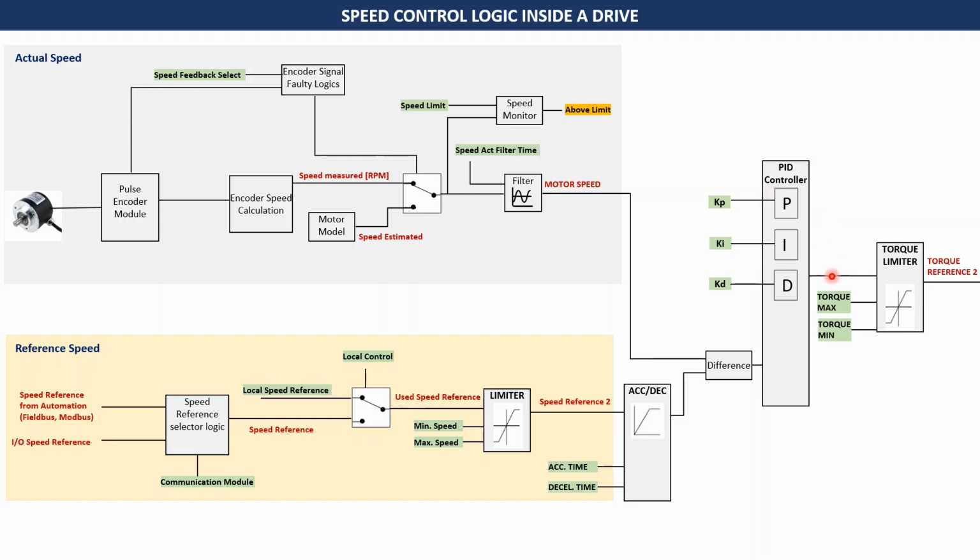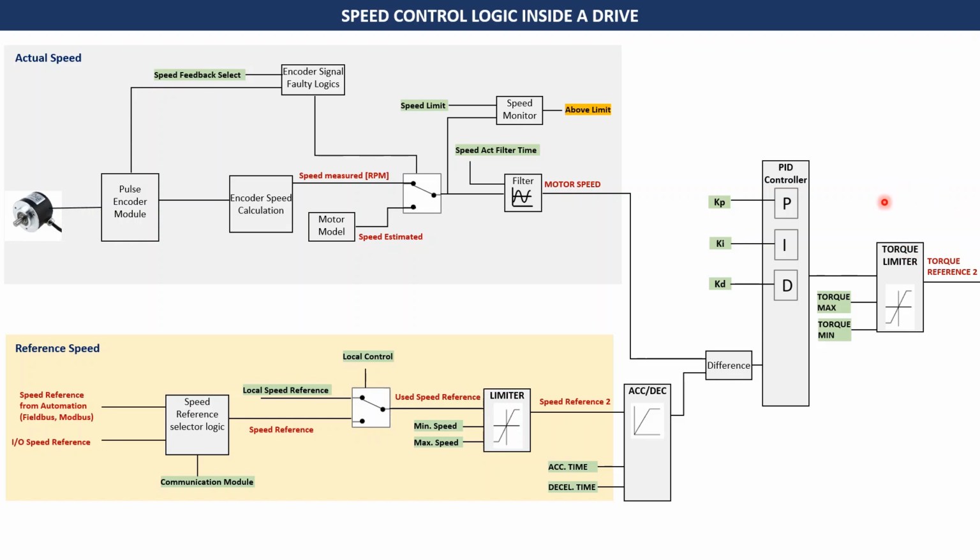So this controller output is generated as an additional torque reference. Now suppose your actual speed is more than the reference speed. In that case, you would want your torque to be negative because you want to bring down the actual speed.